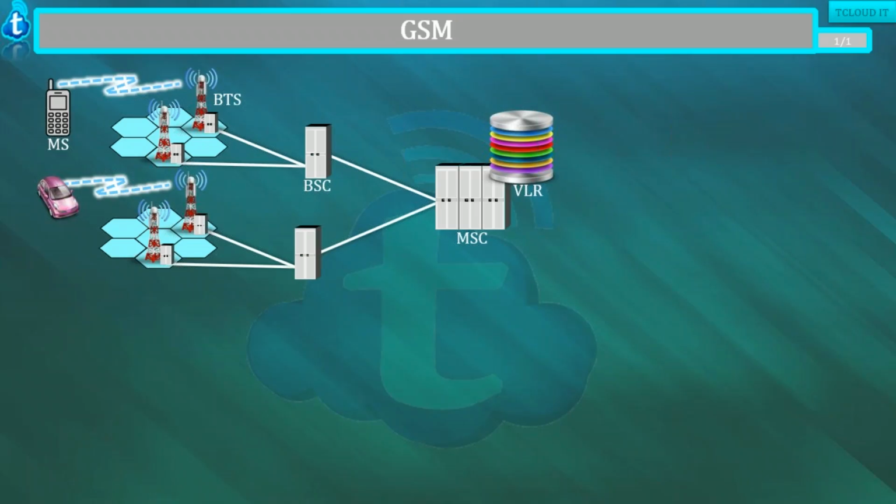But the moment the number of customers started increasing to more than 1 lakh users, the MSC starts facing a problem. If the customers keep increasing, what should the operator be doing? He must be removing some of the cells, maybe some of the BTSs, maybe some of the BSCs from this MSC's jurisdiction, because the number of users in that area is more and more.